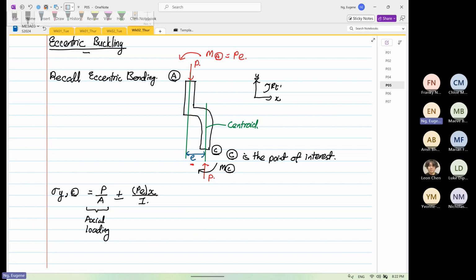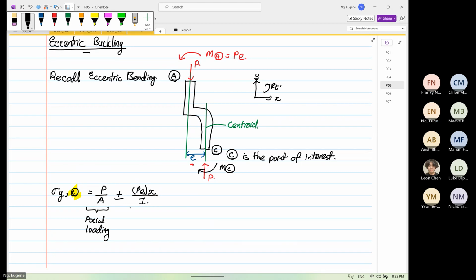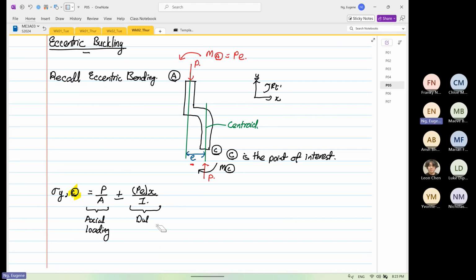Now we are focusing at point C. And the next component is due to bending moment.